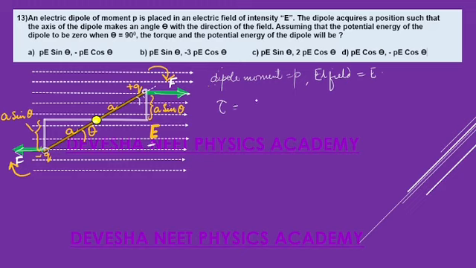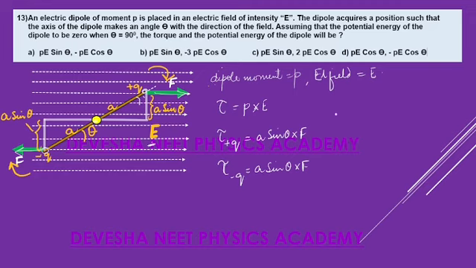Torque is equal to P into E. If you look at the torque for the positive q charge, this is the force F here, and the vertical distance from the center is a sine theta, so the torque is a sine theta into F. Similarly, the torque for the negative q is again a sine theta, the vertical distance from the center, into F.